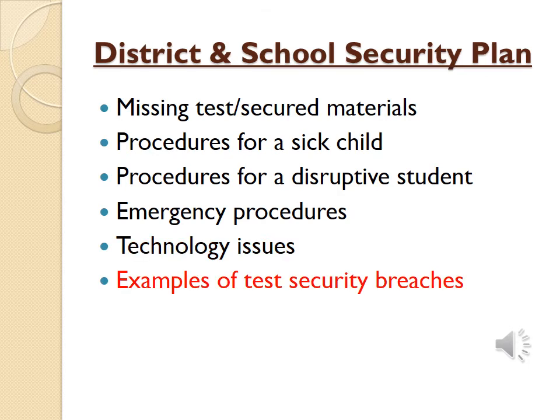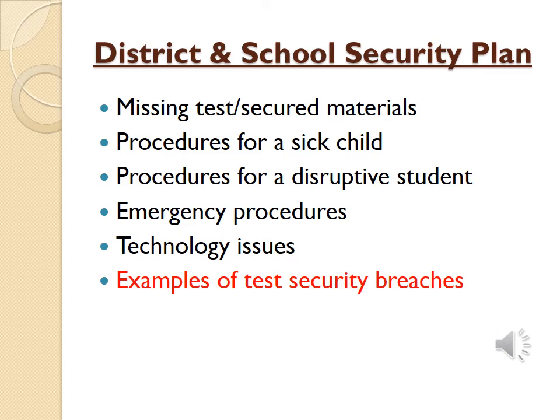The security plan includes examples of breaches of test security. These are examples only and not comprehensive. Examples include use of a cell phone or other prohibited handheld electronic device, with the exception of test coordinators, technology coordinators, or the district test coordinator.